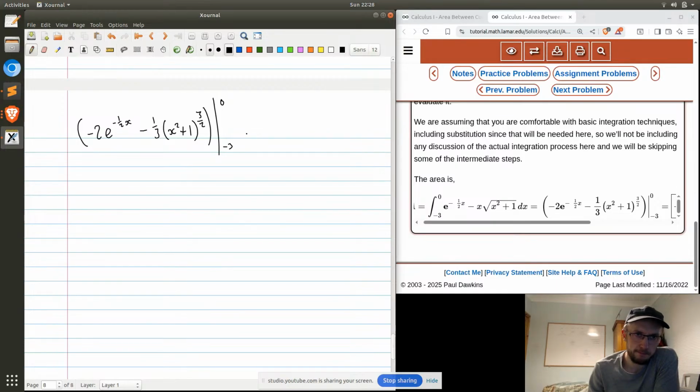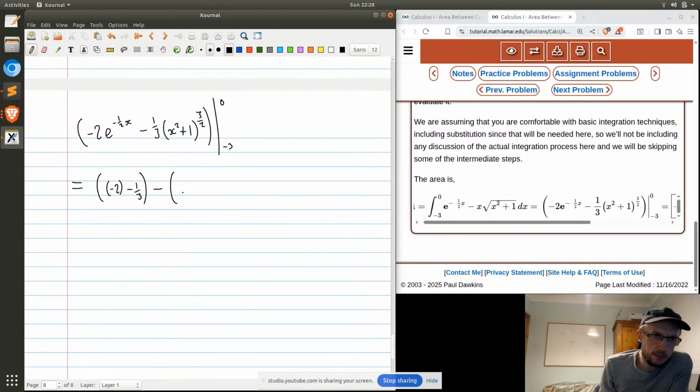All right, so plug in 0. And that should be fine because that's going to be 1. So it'll be -2 minus a third. There's the upper limit sorted. Minus, and now plug in -3. So that we need the calculator for.